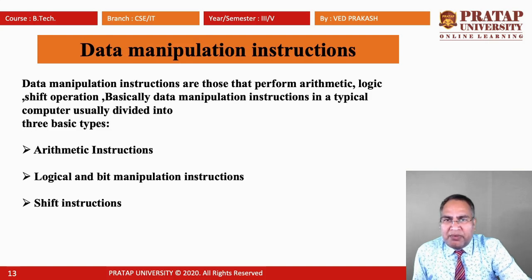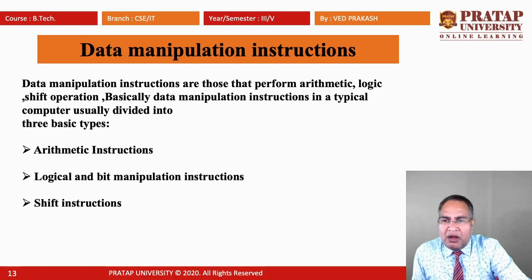Next, data manipulation instructions. Data manipulation instructions are those that perform arithmetic, logic, and shift operations. Basically, data manipulation instructions in a typical computer are usually divided into three basic types. First one, arithmetic instructions.